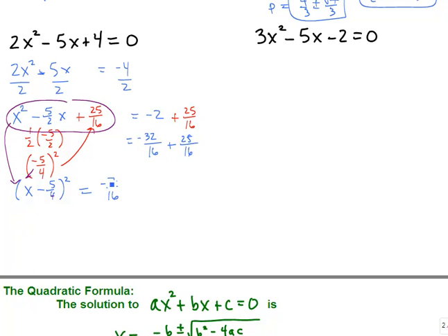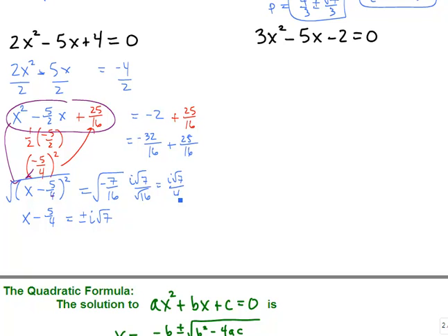So now we have it in our nice form for that square root property. So let's take the square root of both sides. On the left side we get x minus 5/4. On the right side, remember that plus or minus symbol. We have a negative underneath our radical. Remember, the square root of a negative becomes an i. Square root of 7 on top doesn't reduce, but the square root of 16 does reduce into a 4.